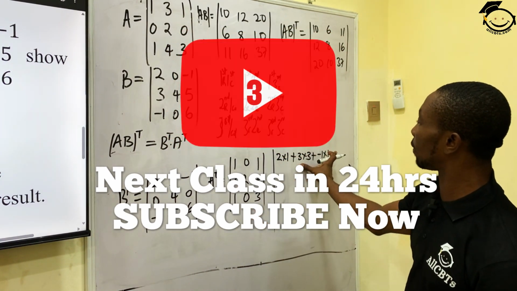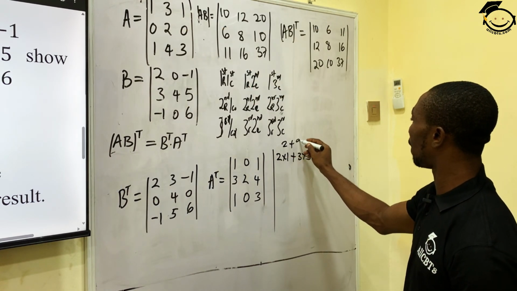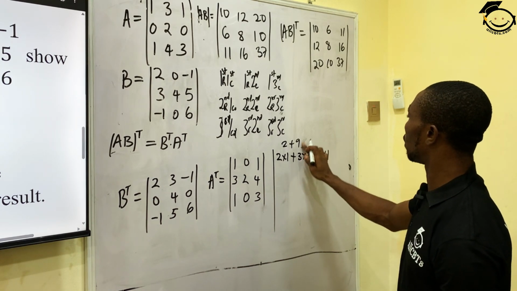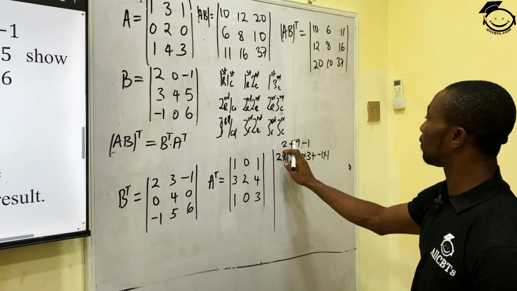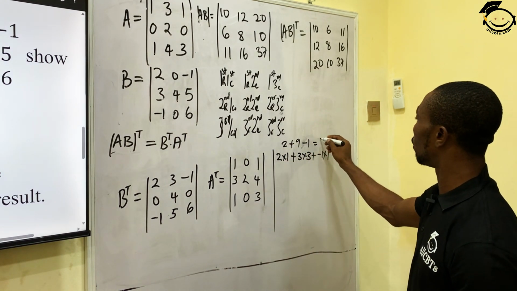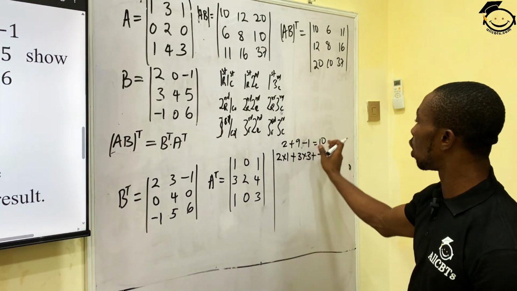Let me just show you an example of this. This becomes 2 plus 9 plus, minus 1 times 1 will give us minus 1. So 9 plus 2 is 11, 11 minus 1 will give us 10. So our answer for this first one will become 10.